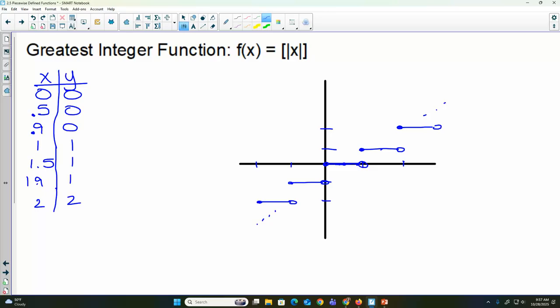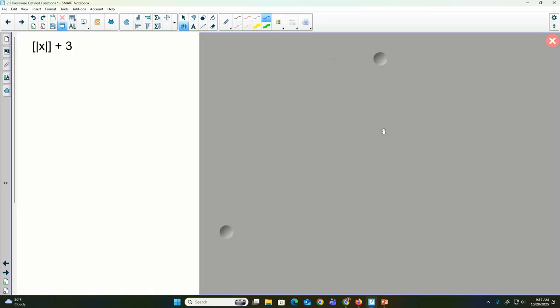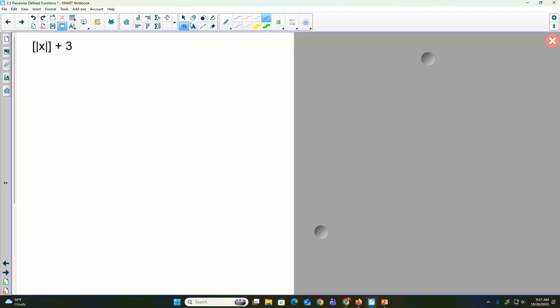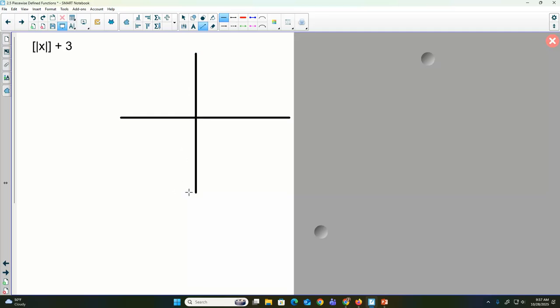So we're just going to practice graphing a few variations. If I asked you to graph the greatest integer of x plus 3, basically what we have to do on these is get one full step, and then once we know the pattern, we just continue our steps. Okay, so we're just going to work on getting that first one. So if I put in 0, the greatest integer of 0 is 0. 0 plus 3.